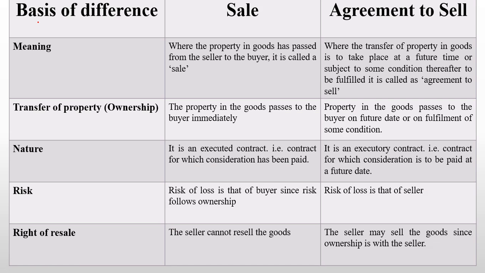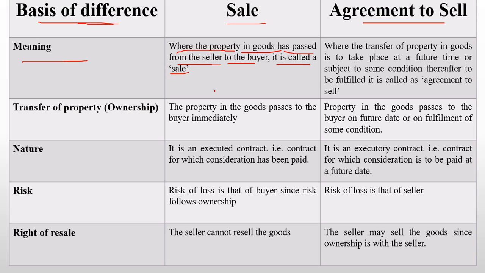Next we'll see some basic differences between sale and agreement to sell. This is the difference. So the meaning of sale: where the property, meaning ownership in goods, has passed from the seller to the buyer, it is called a sale.